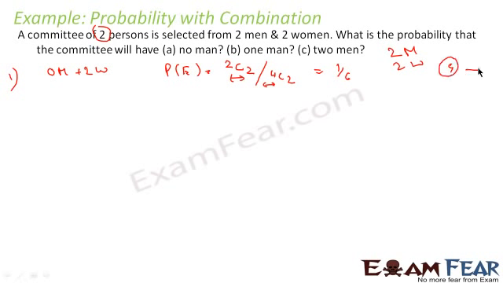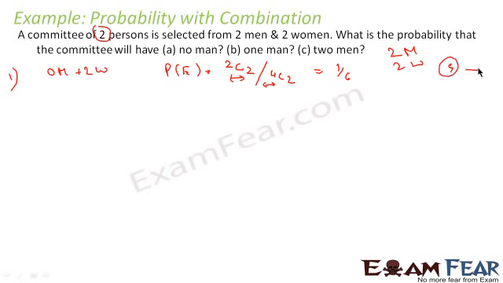And this is the probability where 1 woman and 1 man is selected. Now the third case is 2 men, that is 2 men plus 0 women. So here also, it is equal to 2C2 for the men, divided by 4C2, and this is equal to 1 by 6. So these are the answers.